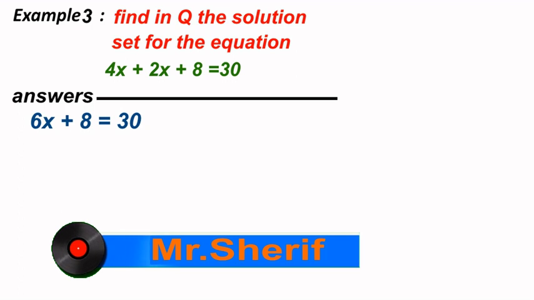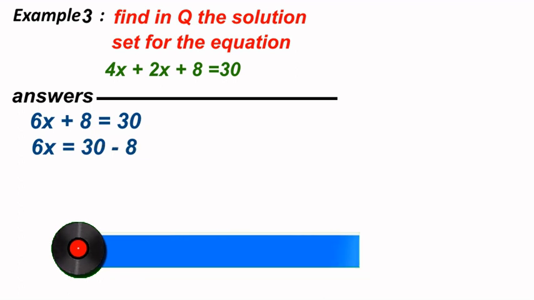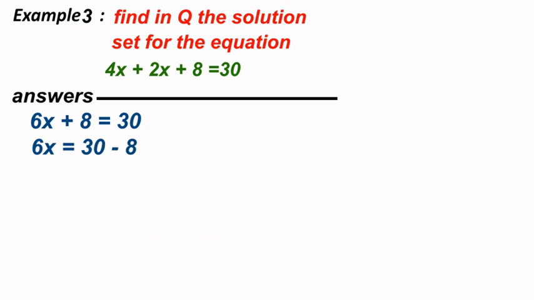And solve it using the previous steps by moving 8 to the other side with the negative sign. So 6x equals 30 minus 8. Yes, very good. 6x equals 22.